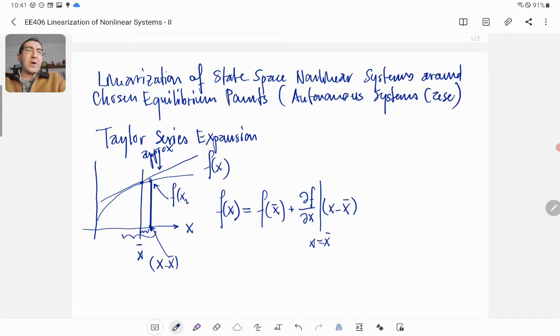So f of x can be expressed in this way, but this is an infinite series, right? You keep taking the derivatives, higher order derivatives, evaluate at the same point, and you keep multiplying by the distance, and you basically keep adding these terms as long as you want this to be an equality.